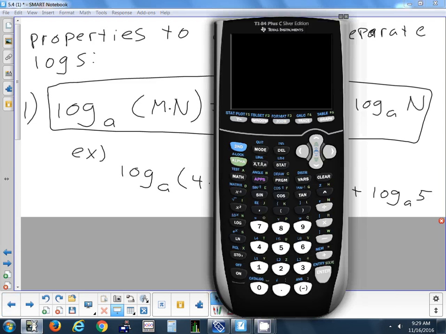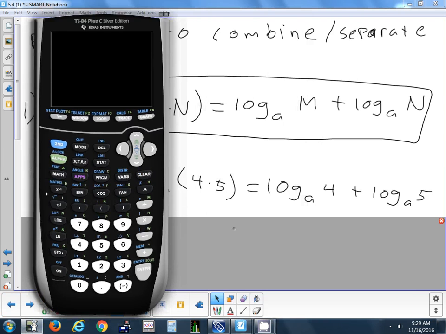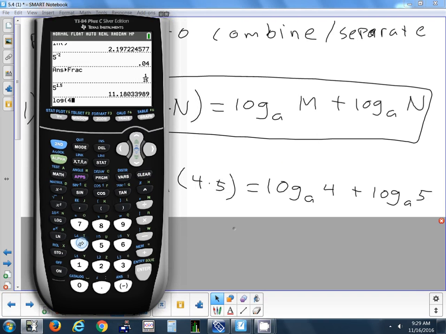So I'll type log of 4 times 5, and I get that. Now let me type it as log 4 plus log 5. Log 4 plus log 5, and I get the same thing. Now what's 4 times 5? 20.